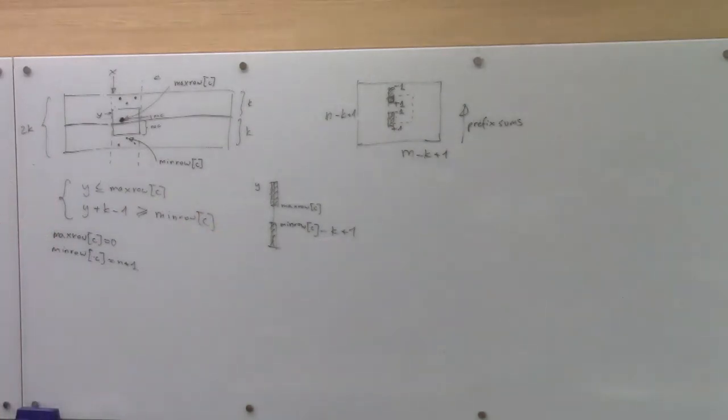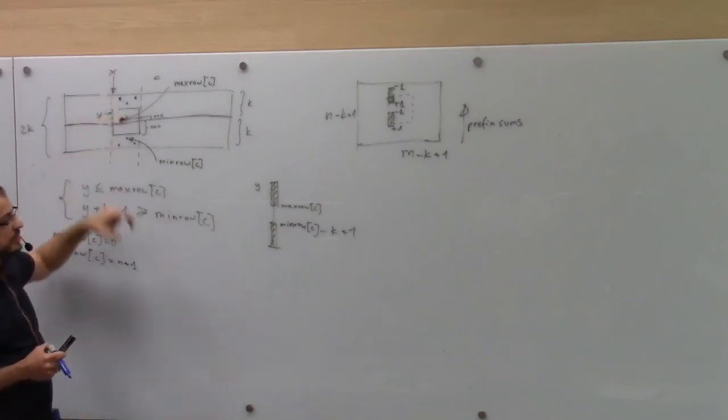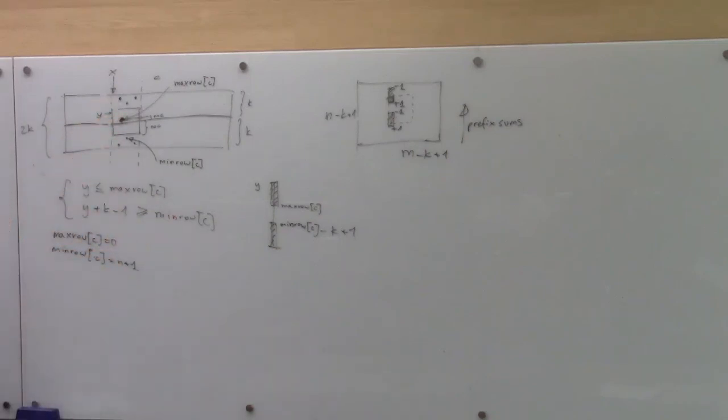So what we want here: if we have this max row and min row for every possible value, we know how to calculate in which squares this value is.